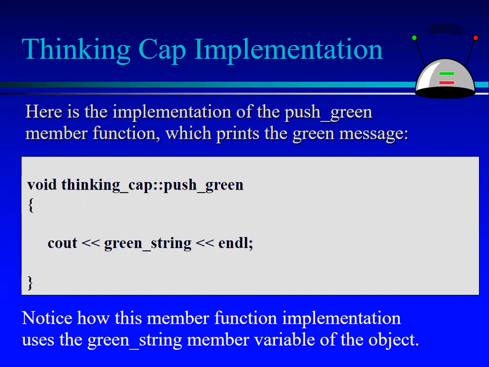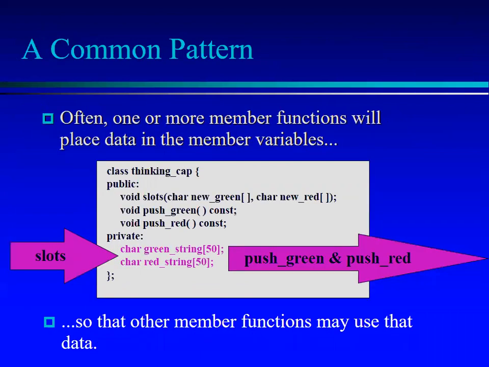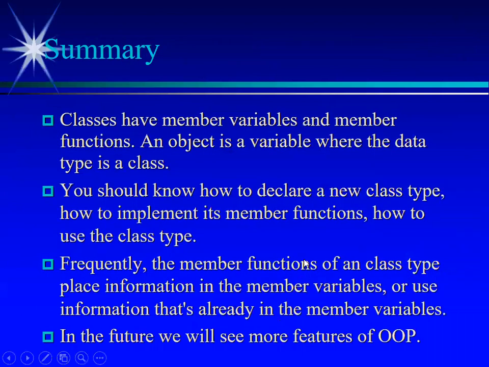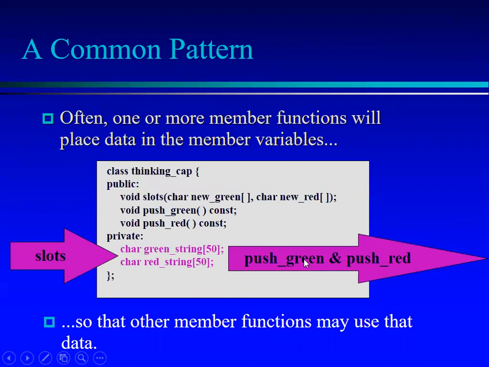Then push green, push red. This we have already seen, and in a slot we are sending this as an input so that other member functions may use that data.